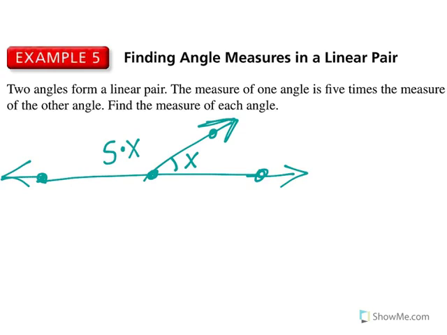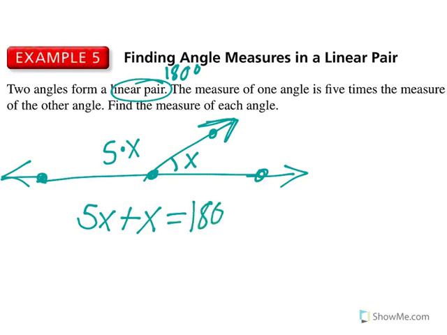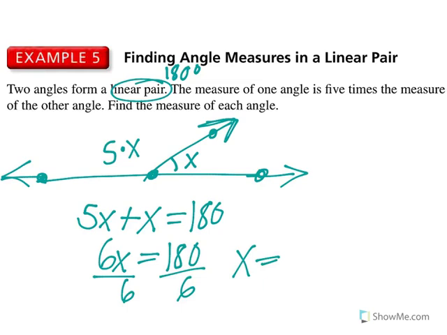Okay, so given these variables, we know it's a linear pair. Linear pair means 180 degrees, so I can add them up. So 5x plus x would equal 180. I can combine like terms, so this would give me 6x is equal to 180. To solve for x, I divide by 6, so x is equal to 30.